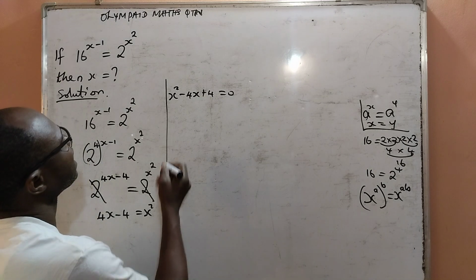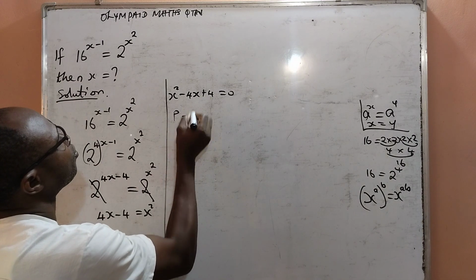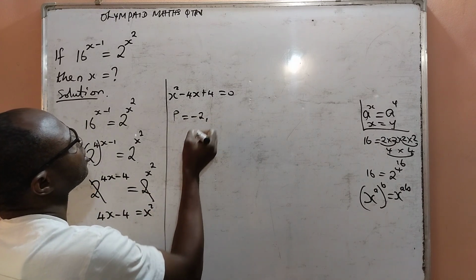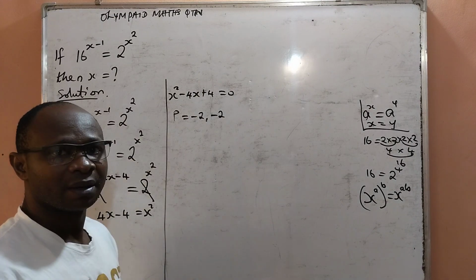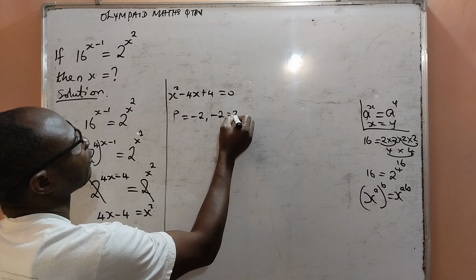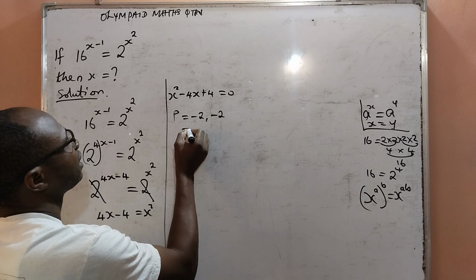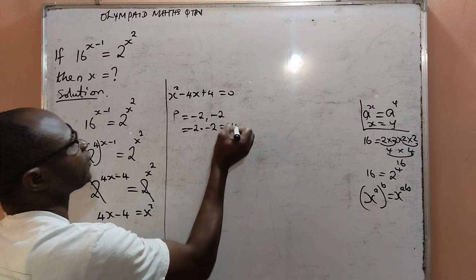And the two numbers are minus 2 and minus 2. Because minus 2 multiplied by minus 2 will give me plus 4.